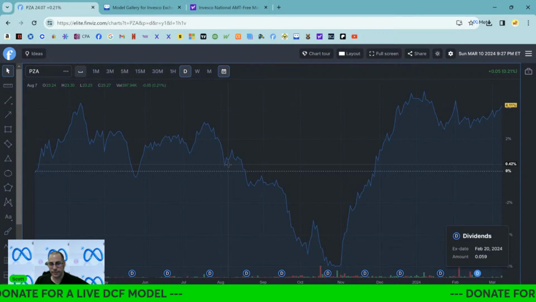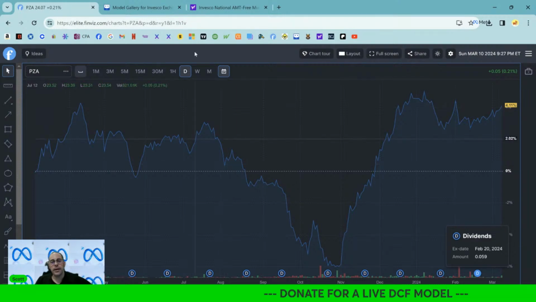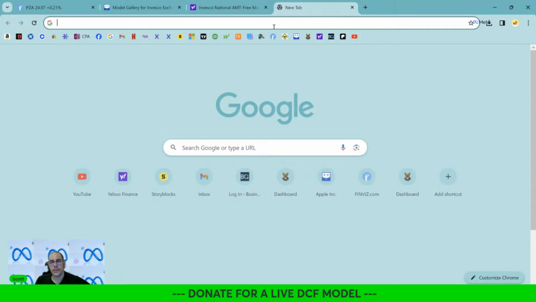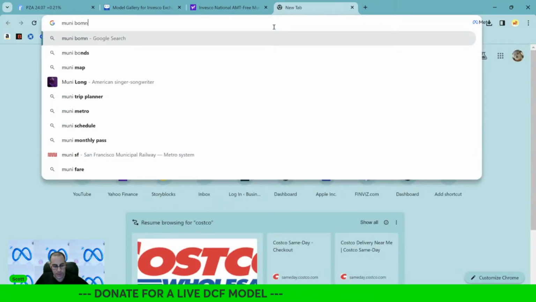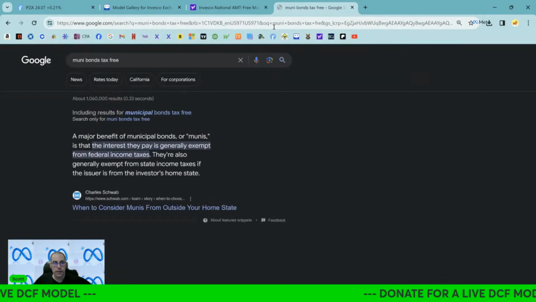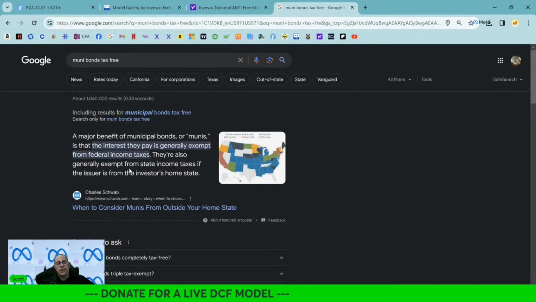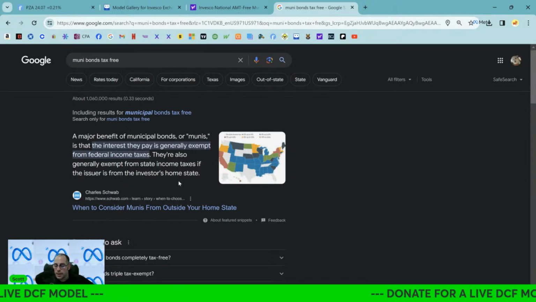munis, the interest rate. Wait, muni bonds. Okay, munis is that the interest they pay is generally exempt from federal income taxes. They're also generally exempt from state income taxes if the issuer is from the investor's home state.